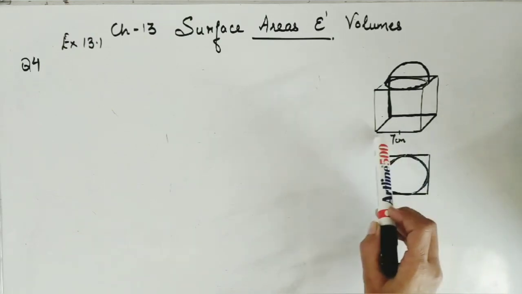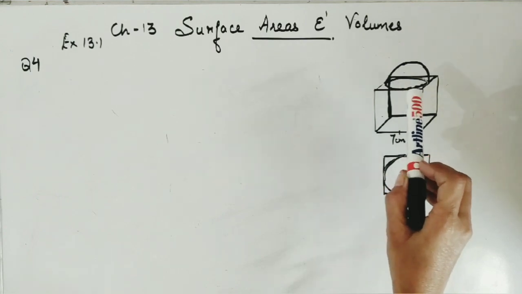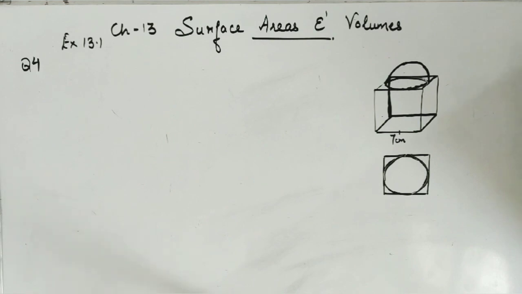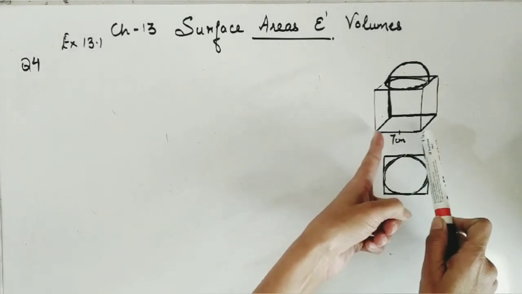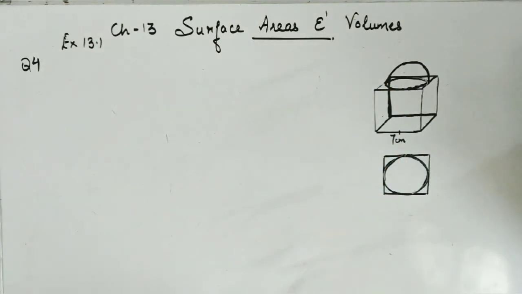The block which is cubical has an edge of 7 cm. On the top of this cubical block, a hemisphere is placed. The question says, what is the greatest diameter the hemisphere can have? Undoubtedly, whatever is the edge of this cube, that much diameter the hemisphere can have.